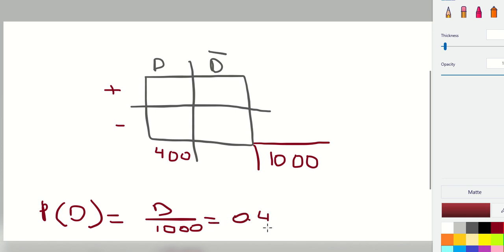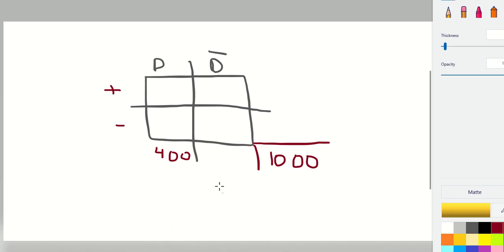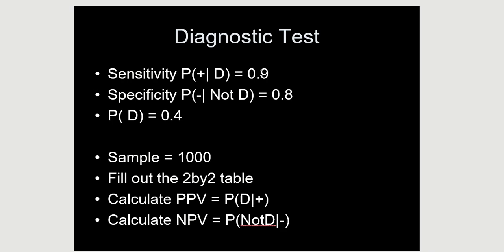If you know that 400 have the disease, it becomes pretty much clear that those that do not have the disease are actually 600. Obviously, these two numbers should add up to 1000. Let's continue with what we're given. We're told that the sensitivity is equal to 0.9, the specificity is 0.8.